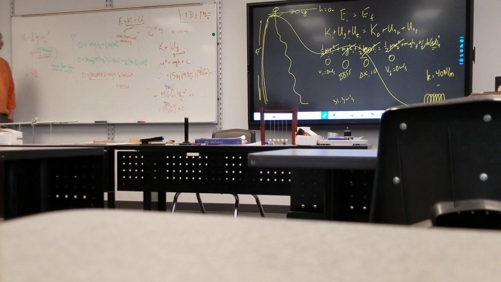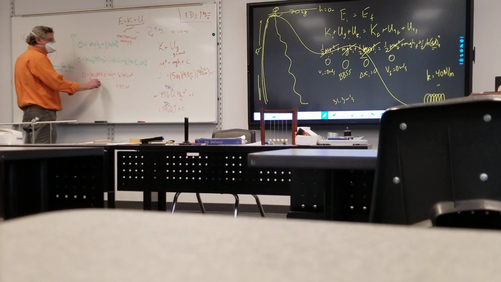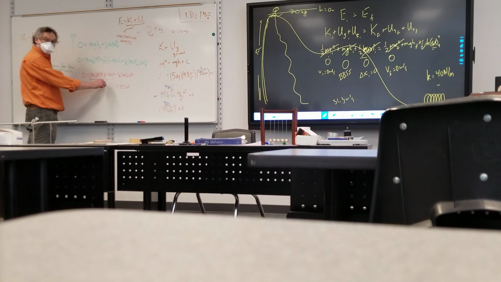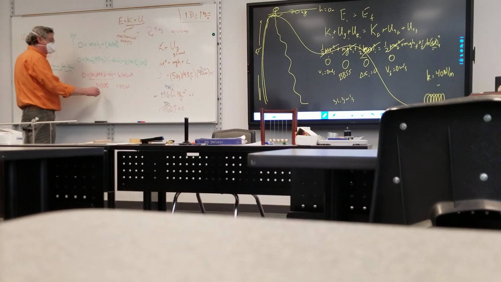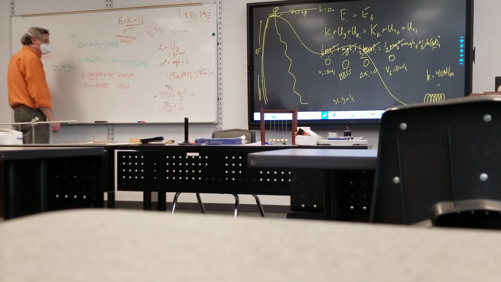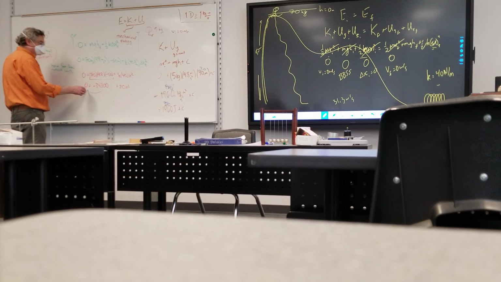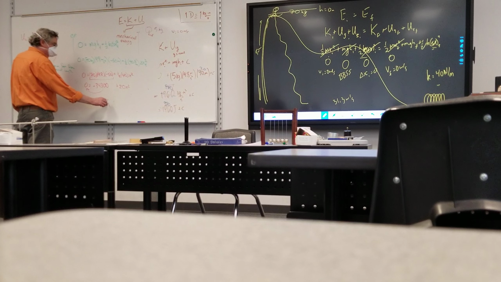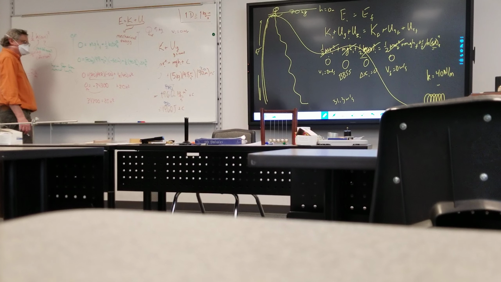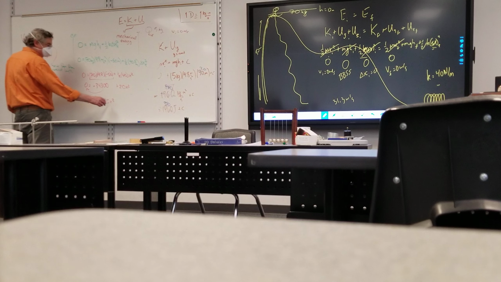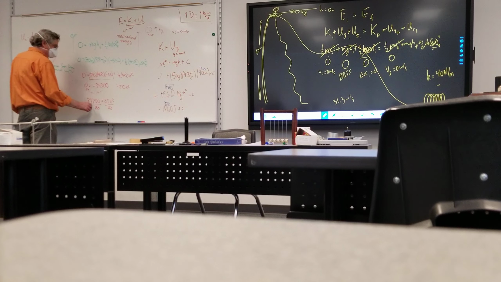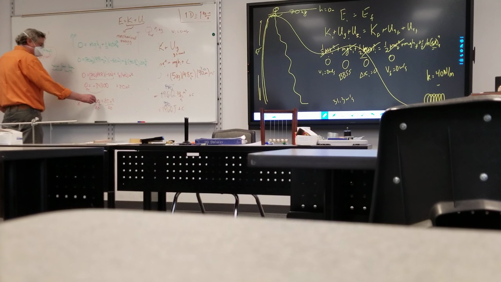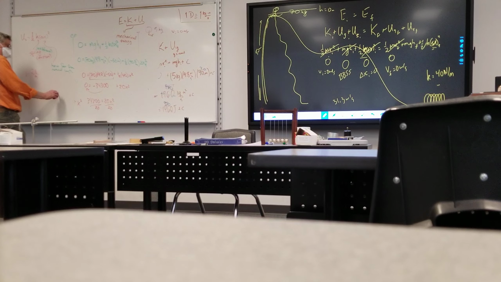Negative 34,300. I'm trying to get x all by itself, so why don't I take this over to the other side. So I got 34,300 equals 20x squared. Now what? Divided by 20. Trying to get x all by itself, so I have to start getting rid of all this extra stuff. So x squared equals 1715.